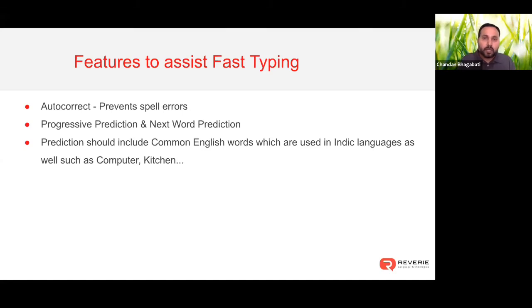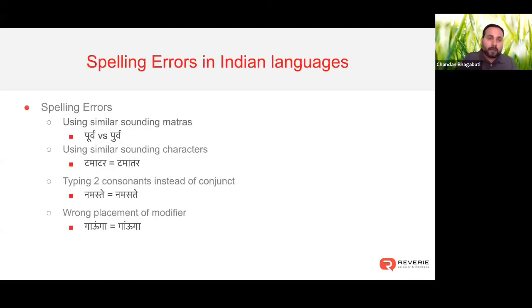But if you see the typing and spelling mistakes done in Indian language, these are completely different kinds of mistakes. These are basically the phonetic mistakes that people usually make.